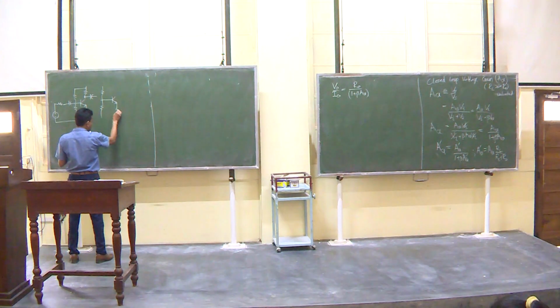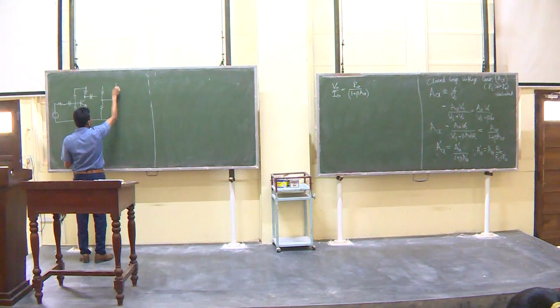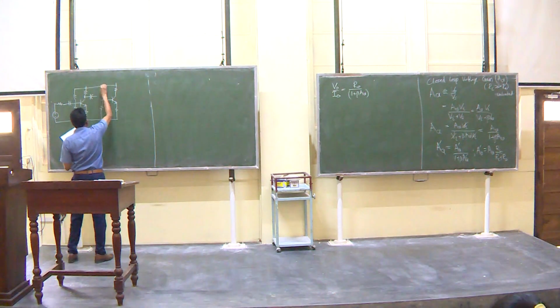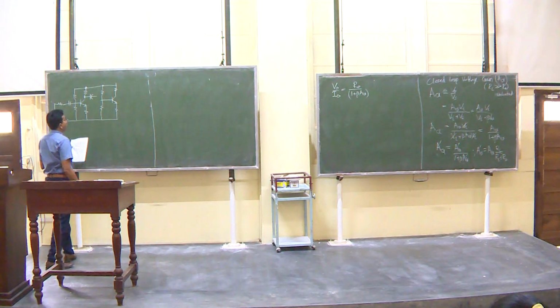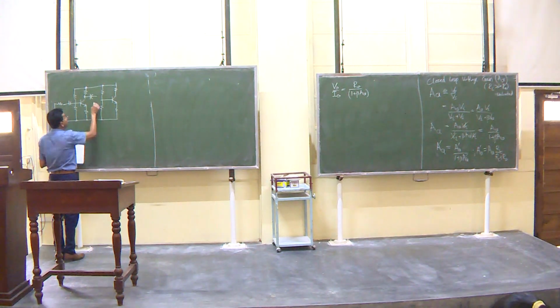Again you have an emitter resistor. And this is also a common emitter amplifier stage. So you have two common emitter amplifiers connected like this.